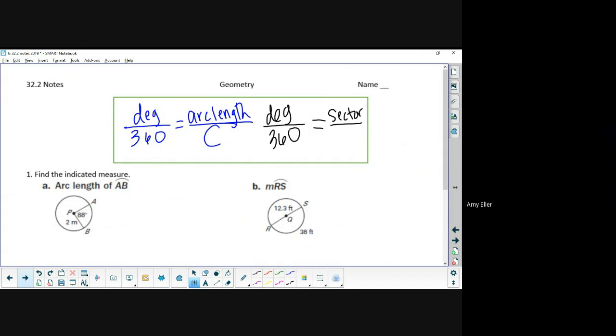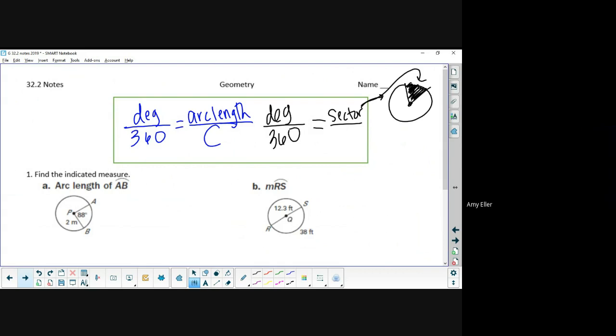A sector is like a slice of pizza. It's like a fraction of the whole area. Let's draw a picture. That's a sector. And that is a fraction of what goes on the bottom.